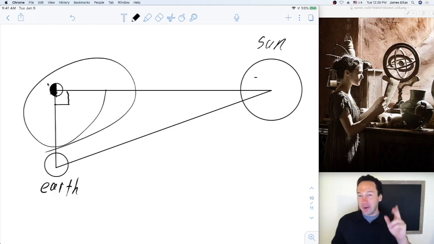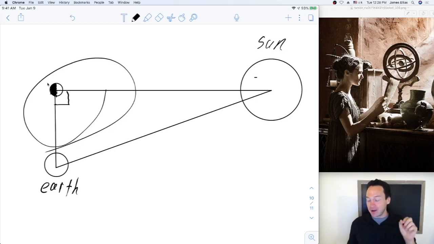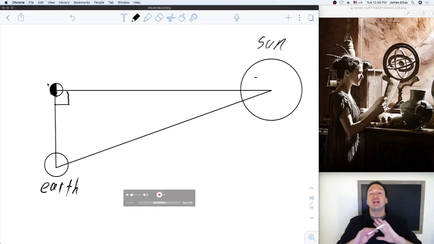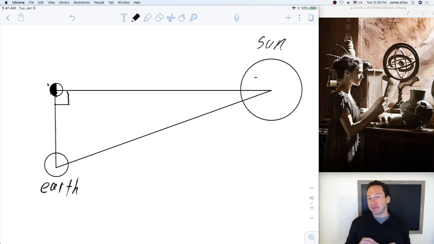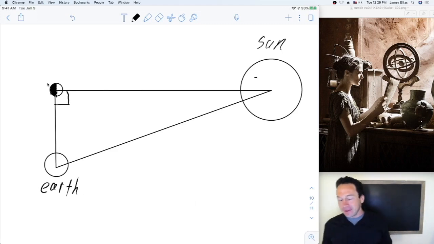So he's able to know that angle by looking at the shadow on the moon, by looking at the phase of the moon on a particular night.